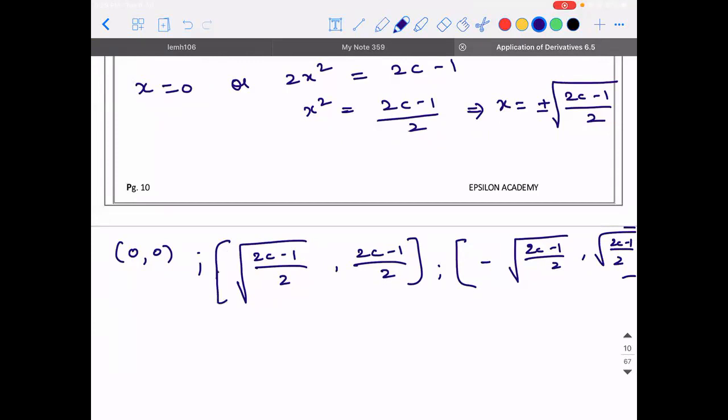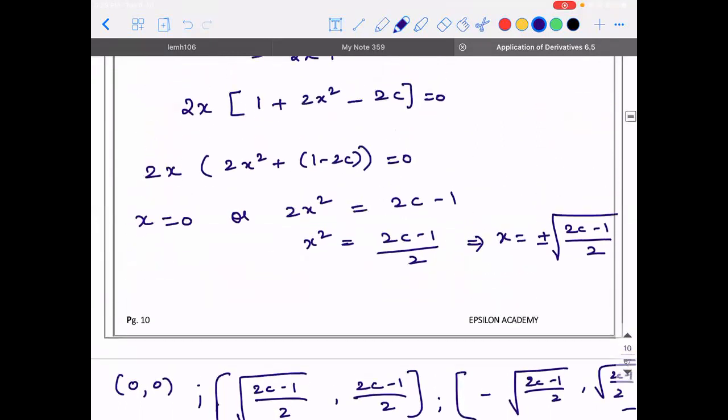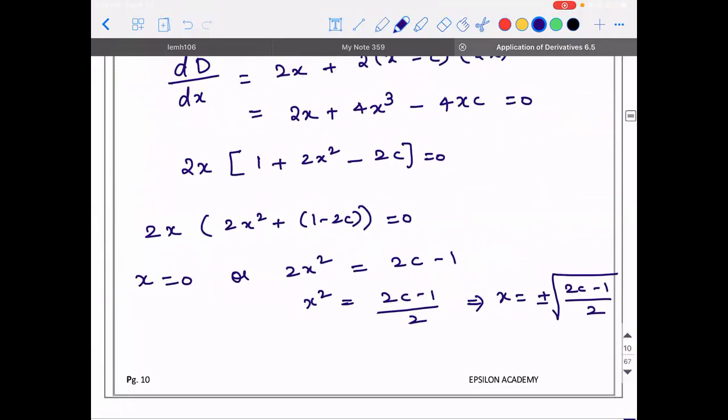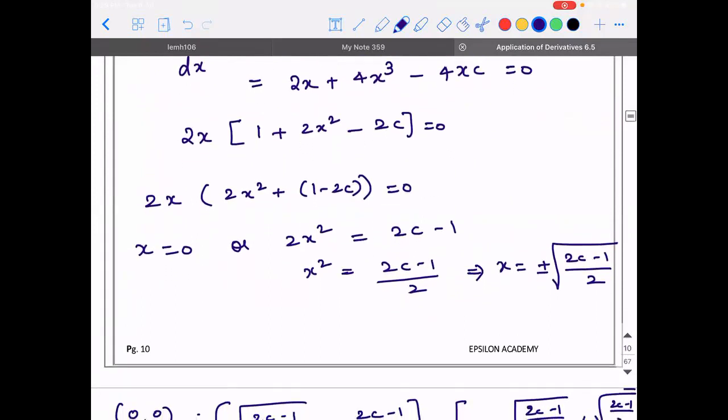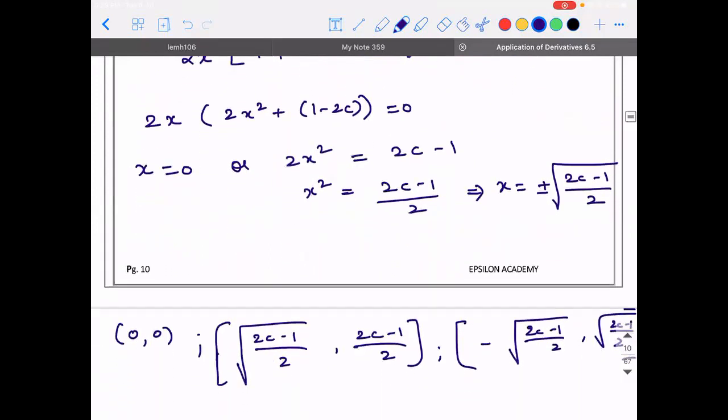Okay, these are the values. So these are the values of x that are possible. Now what you do is, do the second derivative test, substitute these values and check which one is giving the least.